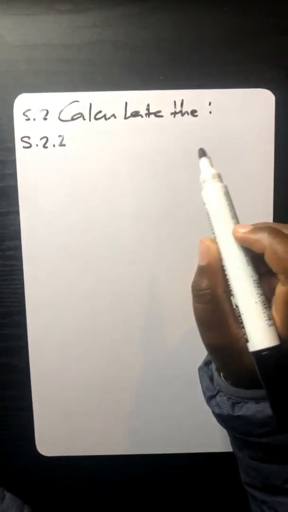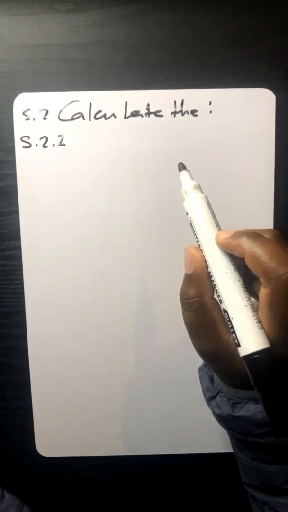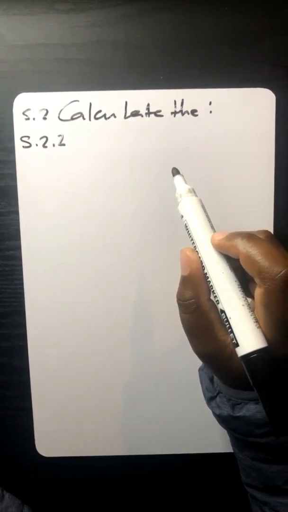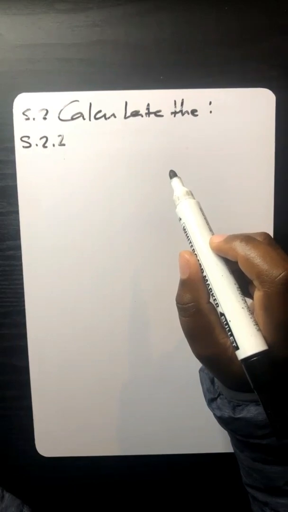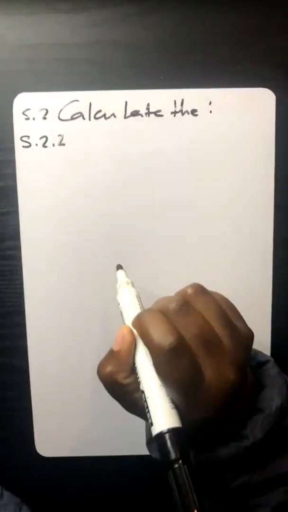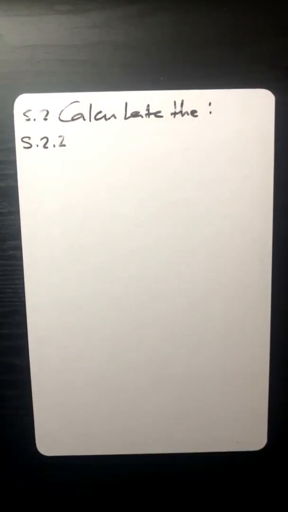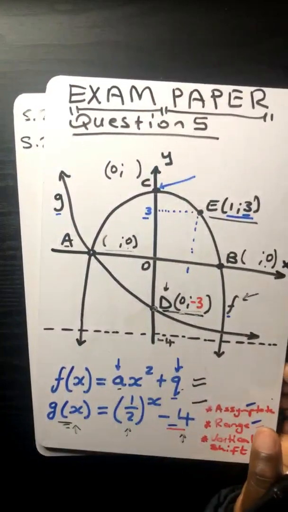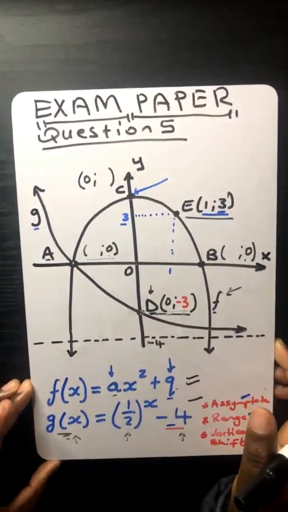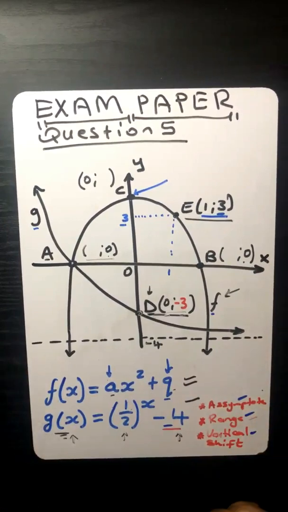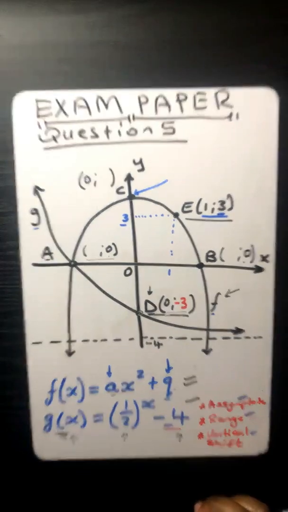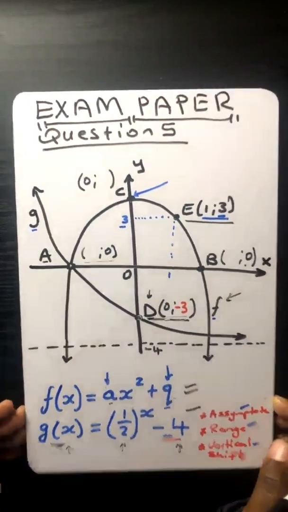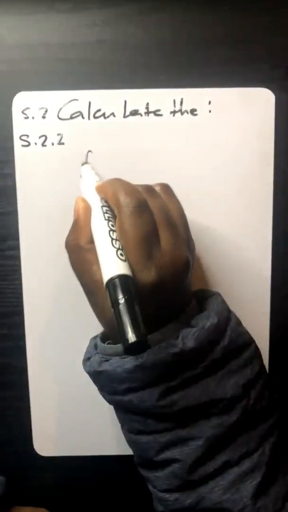Okay, so let's see. Question 5.2.2 says values of A and Q. Where are the values of A and Q, guys? What are they talking about there? F of x. So they are talking about the function. So let's see the function there.